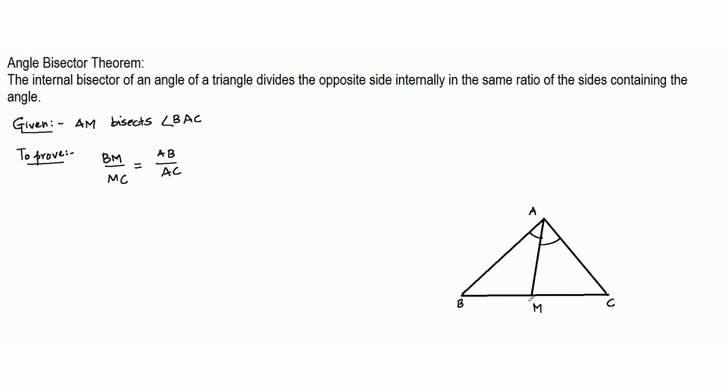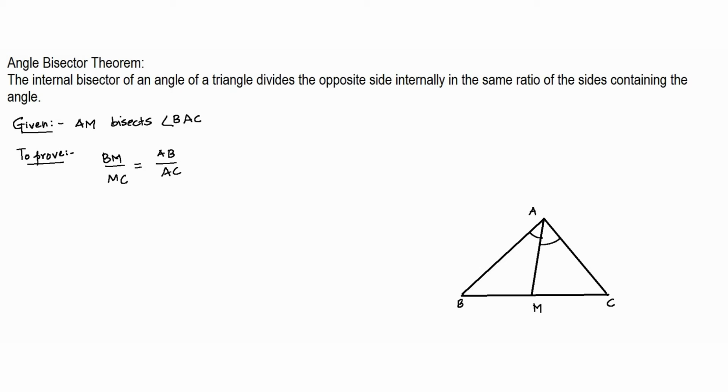It is getting divided into two parts, BM and MC. The internal bisector of an angle of a triangle divides the opposite side internally in the same ratio as the sides containing the angle. So we basically have to show that BM upon MC is equal to AB upon AC, right? This is the internal angle bisector theorem.